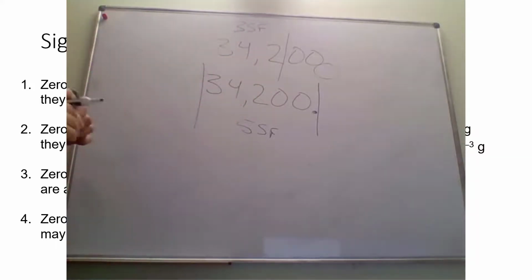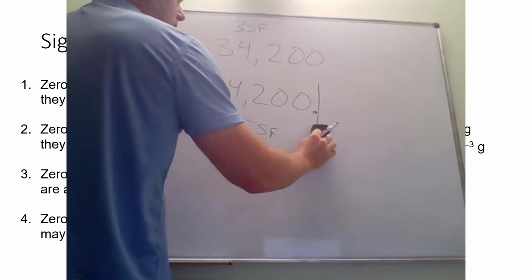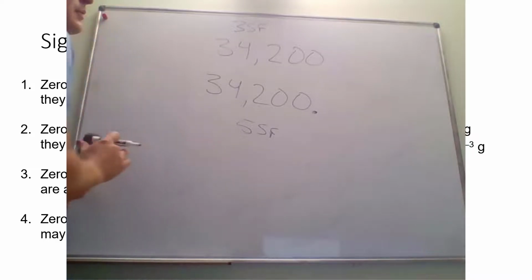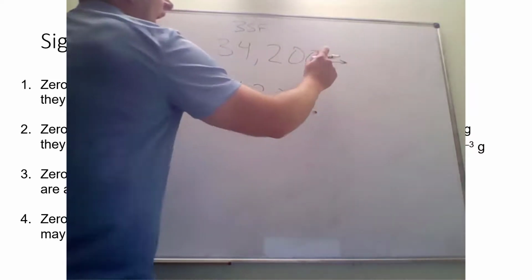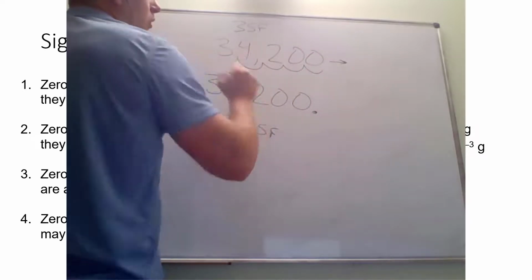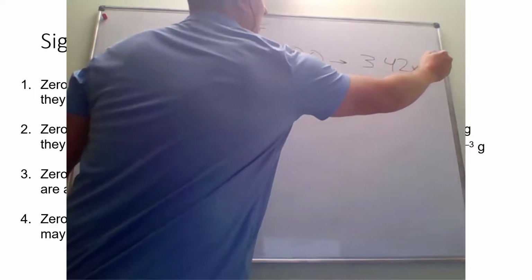If we were to write these two numbers using scientific notation, we would write them in two separate ways to indicate the different number of sig figs. The one without the decimal point would be listed as 3.42 times 10 to the 4.